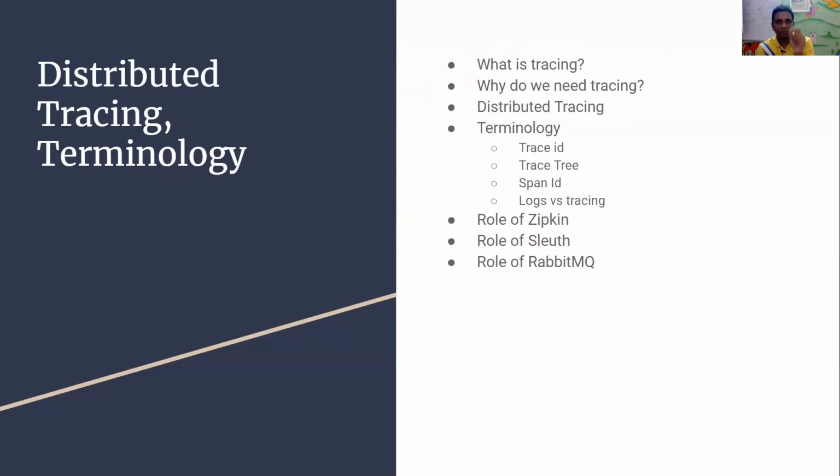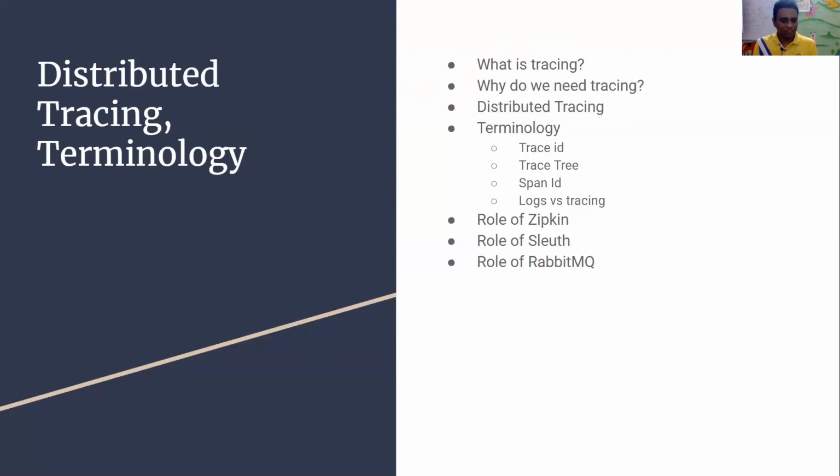Each and every microservice in our flow writes its trace information to the message queue, and we have a Zipkin UI component which reads from the message queue, puts it in its memory, and shows it in the UI. Anyhow, when I show you the whiteboard, I'll explain that whole thing.